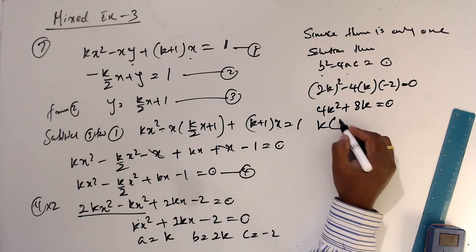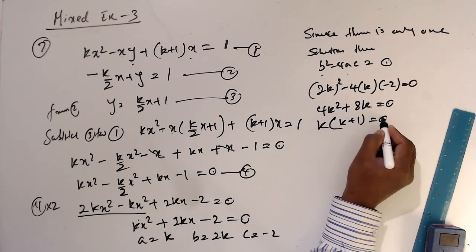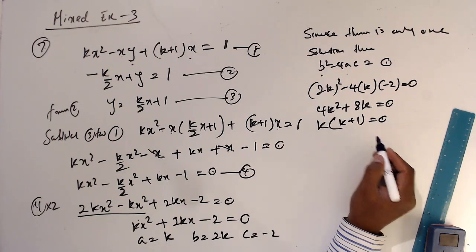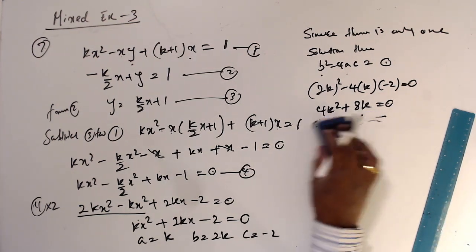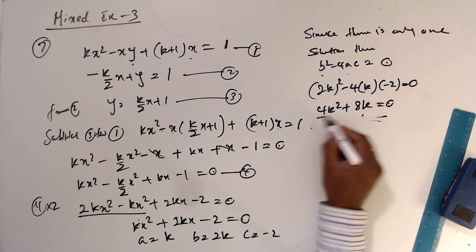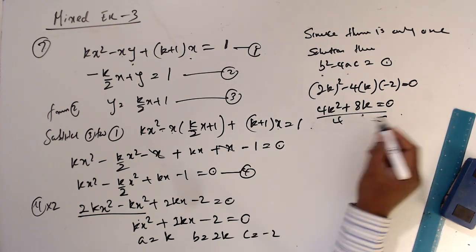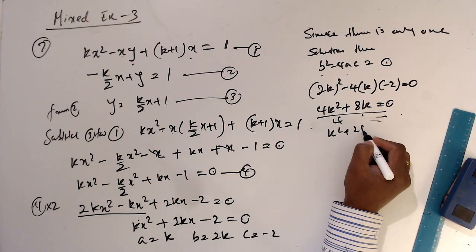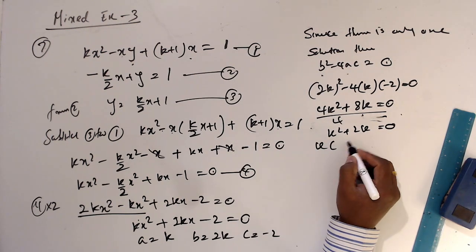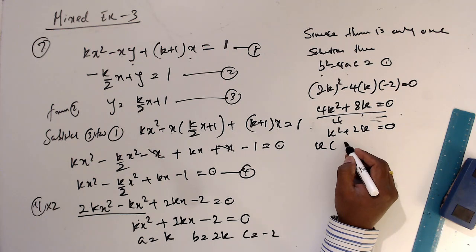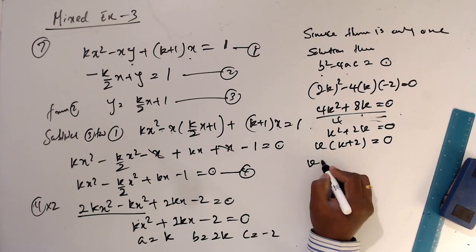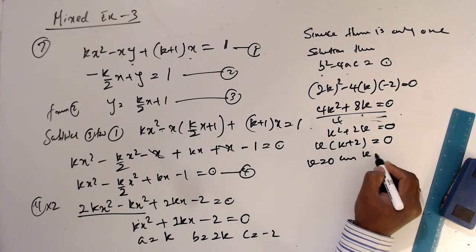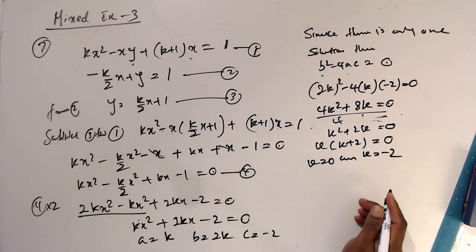I'll divide by 4 both sides. k² plus 2k equals 0. k times (k plus 2) equals 0. k equals 0 or k equals minus 2.